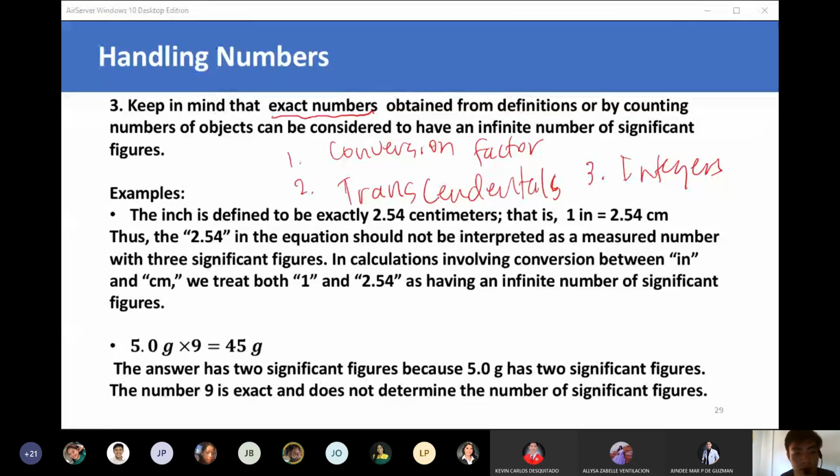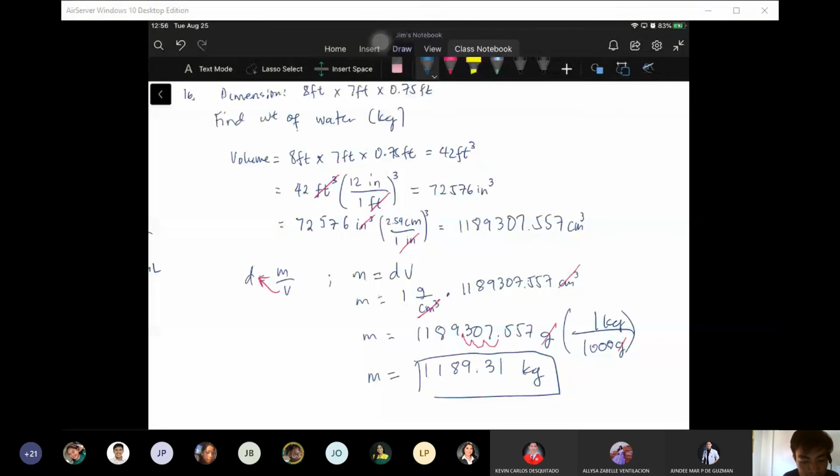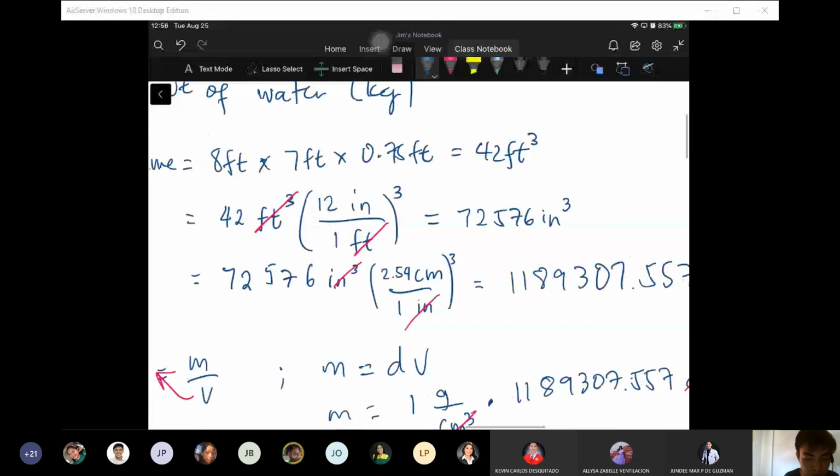We do not count the significant figures because they are considered infinite. There are too many to be counted and fixed. So if you're dealing with a conversion factor, you don't mind their significant figures. Only your given unit. For example, let's look at our problem. This one. Suppose this part.